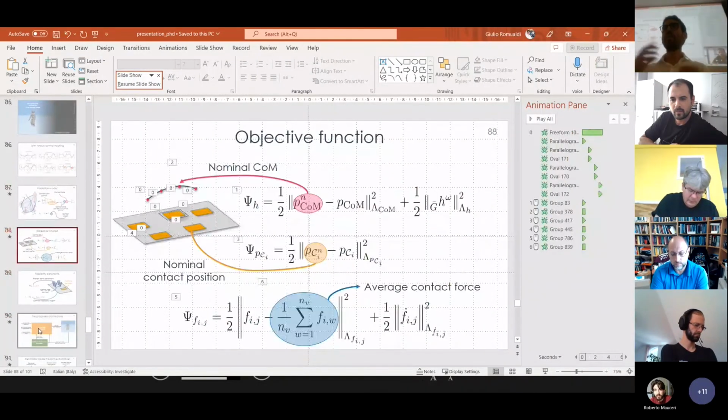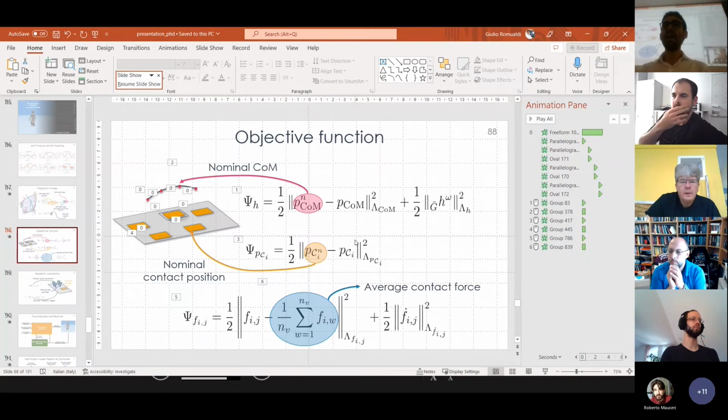Okay, so actually the objective function is this one. We have the position of the center of mass that is regularized using a heuristic. This heuristic assumes that there is a spline passing through the center of the feet when the robot is in double support. And then we also have a regularizer for the nominal contact position, and some terms regarding the average of the contact forces and the rate of change of the contact forces.